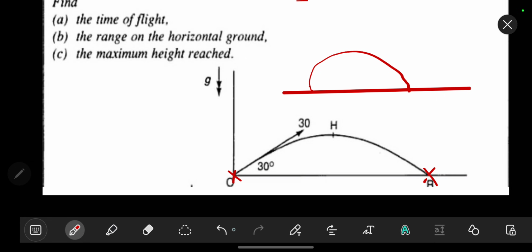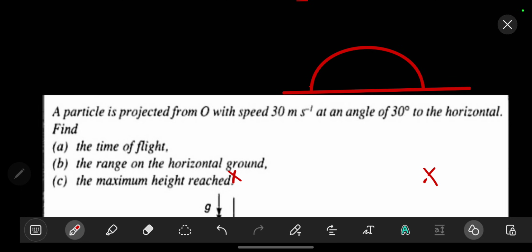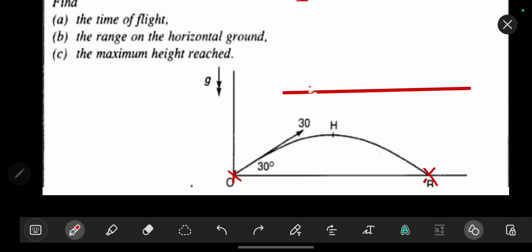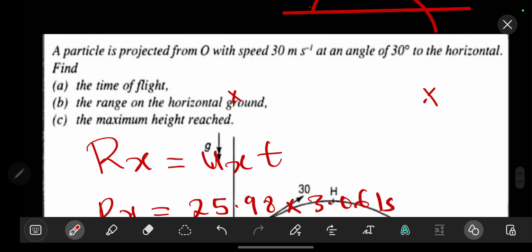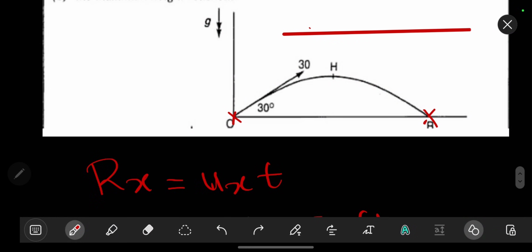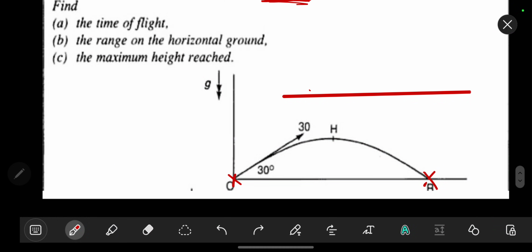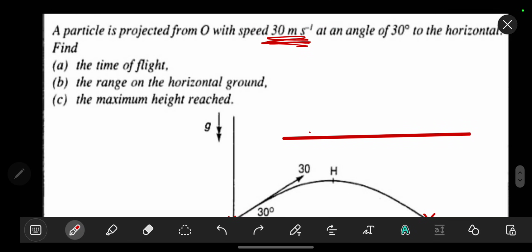If there is a change in the situation whereby it goes below where it started in terms of the y, then you cannot use that formula. So that formula has a limitation. That is what you need to know. You need to know each formula and its limitation. Then to find the maximum height reached, you can do this in two ways.